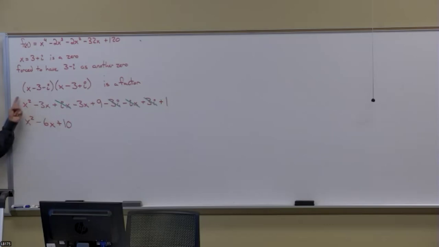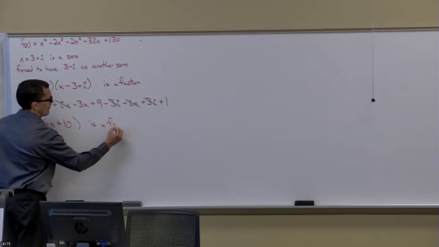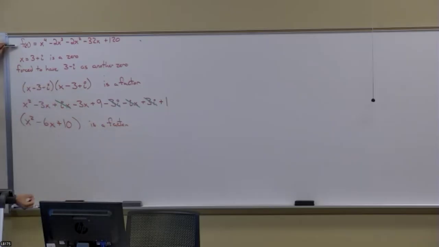By the way, this is why they have to occur in conjugate pairs, because when they multiply like this, we get a quadratic with integer coefficients or real number coefficients, depending on, right? So, shortest version of this is that this is a factor of this.